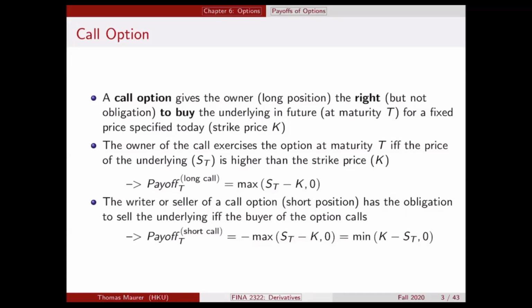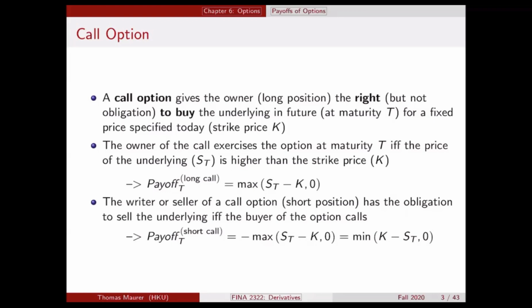So notice that here we always have either a negative cash flow. So again, if the long position decides to exercise the call option and ST is larger than K, then this is a positive term, and multiplied by a minus, that means we have a negative cash flow. And whenever the price of the underlying is less than K, that would actually be good for the short position in the call option.